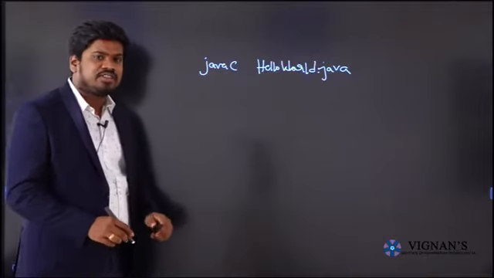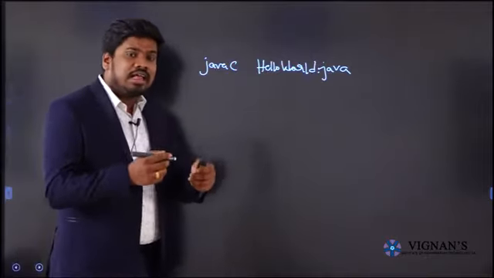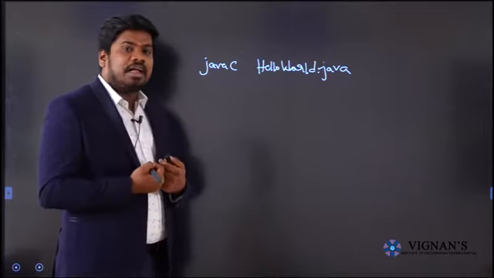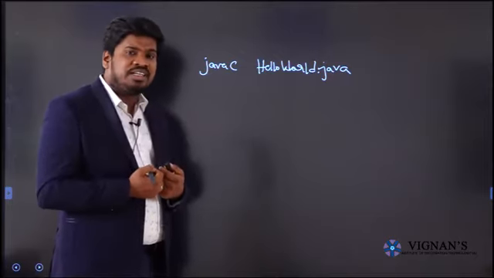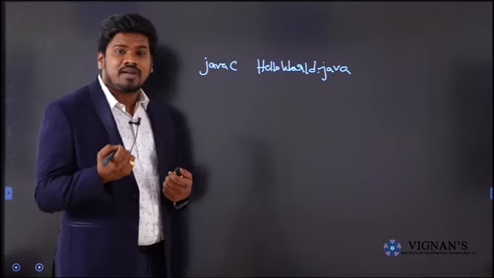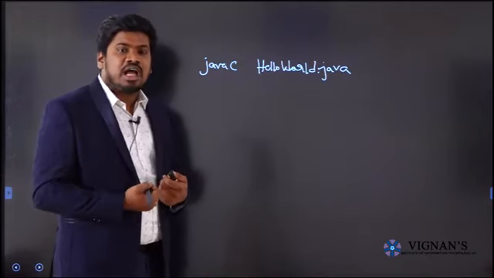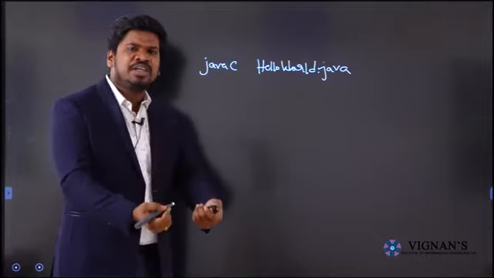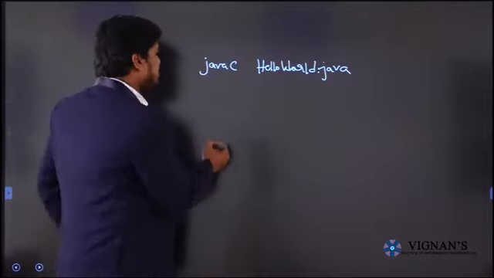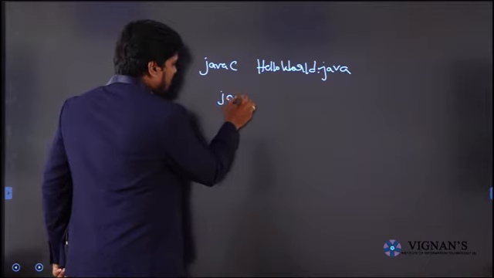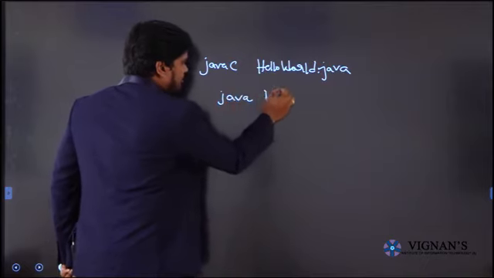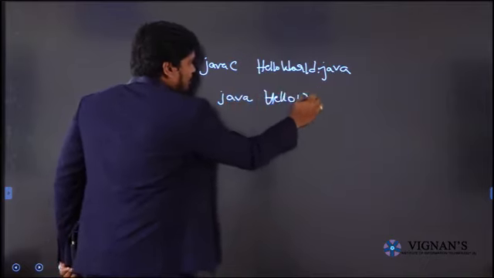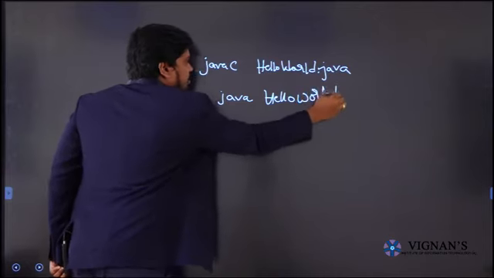If there are no errors and it was successful, then the compiled code will be given to the JVM, the Java virtual machine, and my JVM will convert that code into machine dependent code. So next I will run java HelloWorld.